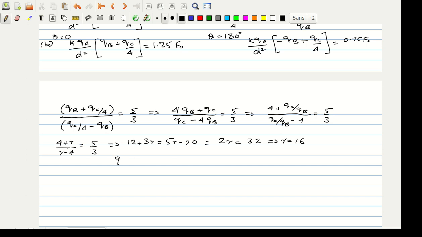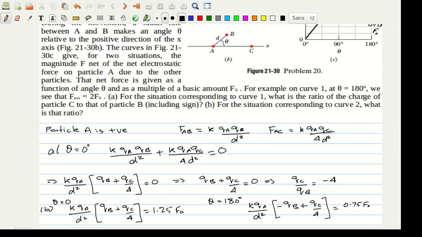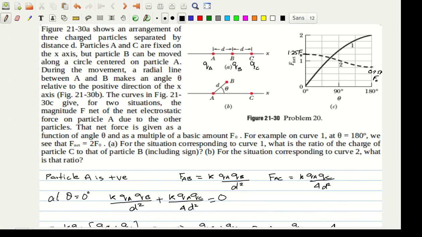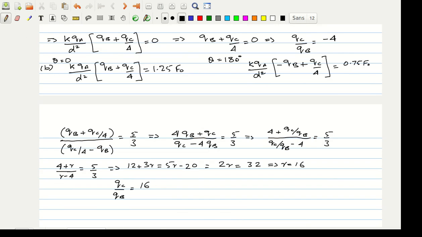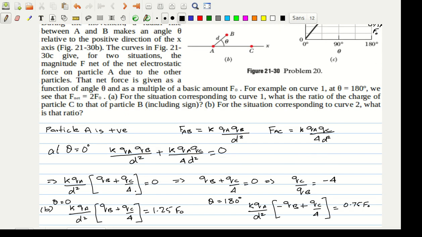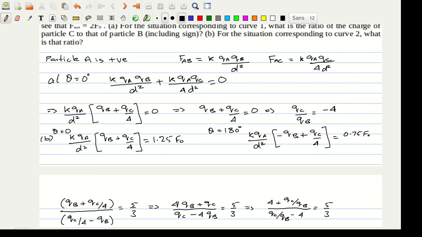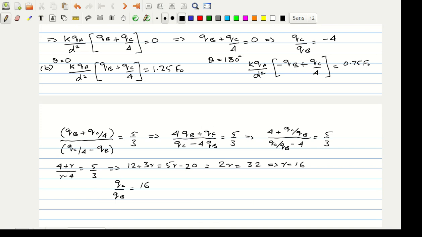So in this case qc is to qb is 16. Okay, so now in this case the sign of both particle C and particle B is the same, and charge qc is actually 16 times the value of charge qb. And we are done with this problem. I hope you understood.